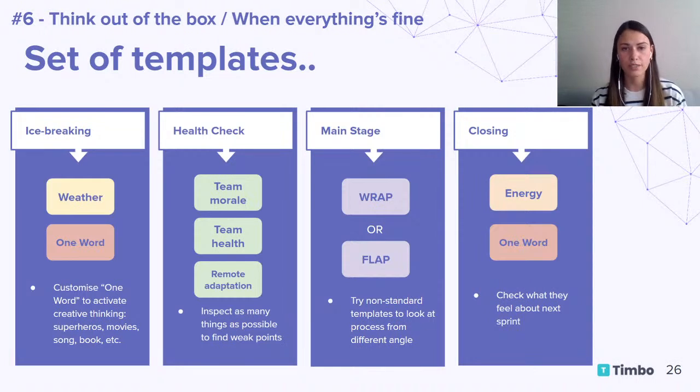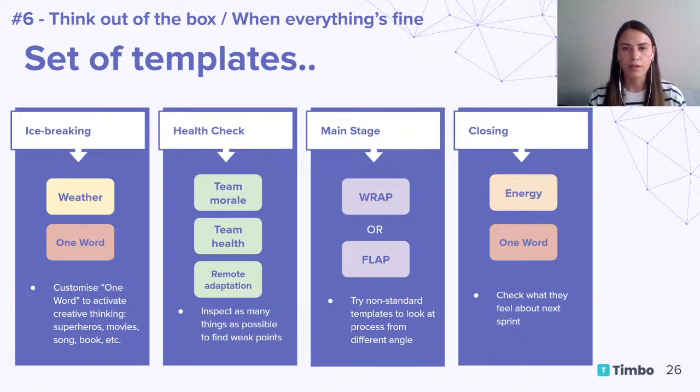Health checks are great, and we know that. If you have time for them, you can choose which one is best and look at problems from a different angle. But probably the most important thing here is the main stage. I've suggested wrap and flap here because they are not that popular, but they can help you diversify and just change something.